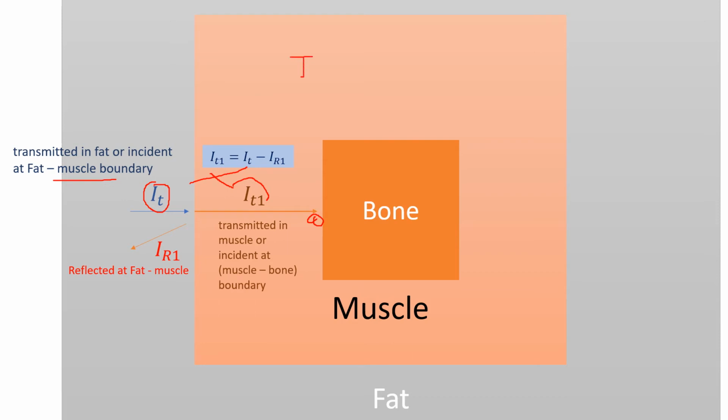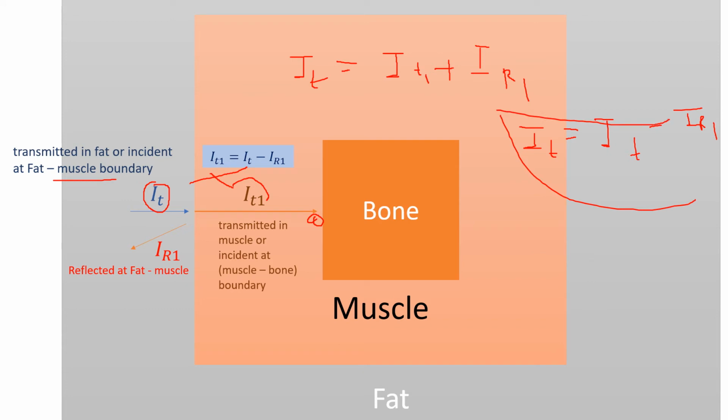We know that the incident ray is equal to the sum of transmitted and reflected. So to calculate IT1, you can just do IT minus IR1.